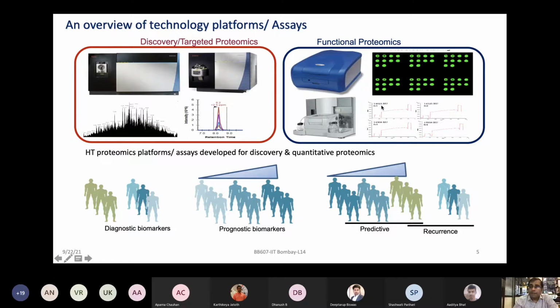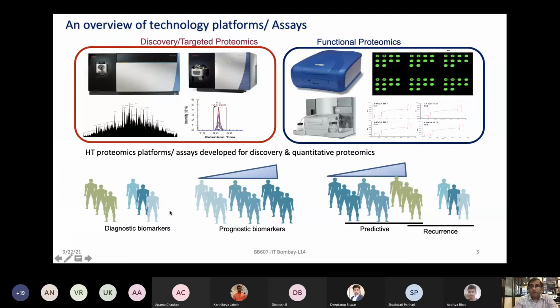Then you can utilize protein microarray, surface plasmon resonance, and other biosensor platforms, which can give you a better understanding of how this protein interacts with other proteins of interest, or how a protein can be inhibited with other drug molecules. Those kinds of understanding could be obtained with functional proteomics assays. This part I will talk about in some more detail at the end, after your presentations are done.